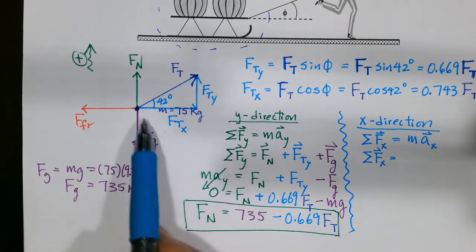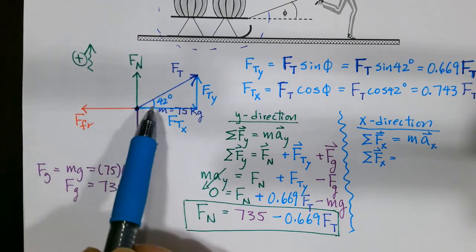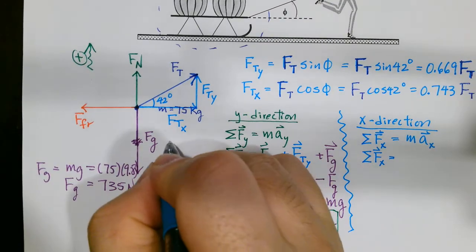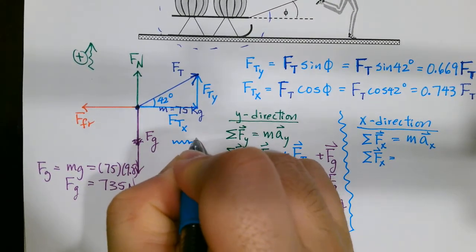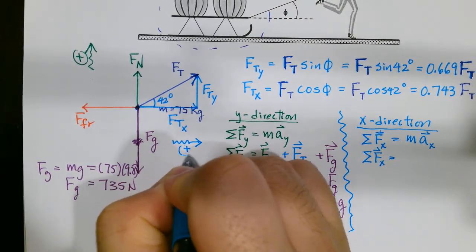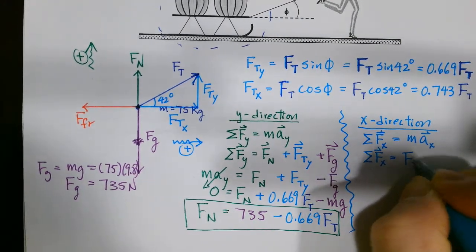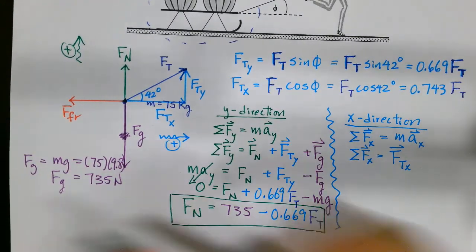We have Ftx and we have friction. So I'm going to consider the direction of motion, which is the positive x-axis, to be positive. Then Ftx plus friction is what we have.